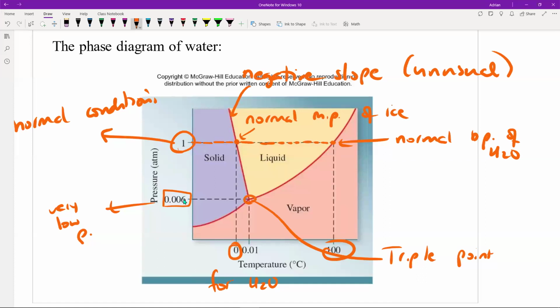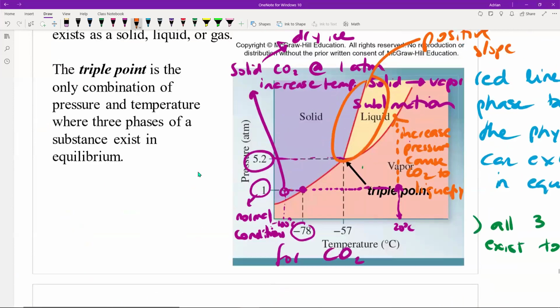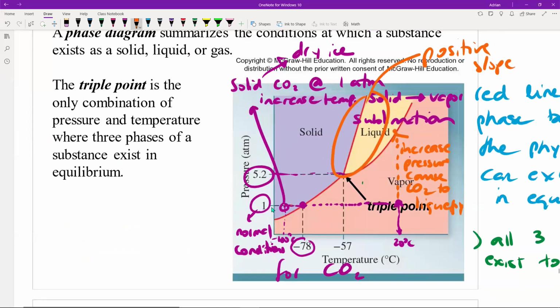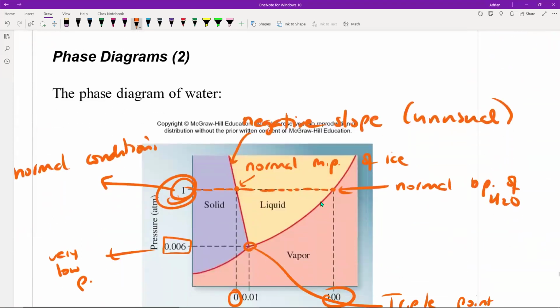When we look at the temperatures for the phase changes at 1 atmospheric pressure, those are referred to as the normal melting point and boiling point, respectively. In the case of carbon dioxide above, there is no melting point, there's no boiling point at 1 atm because we go directly from the solid to the vapor phase. So it's the sublimation point.